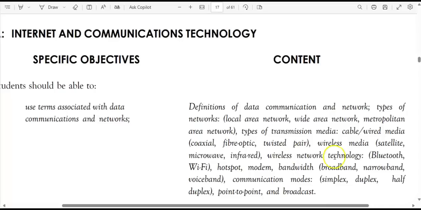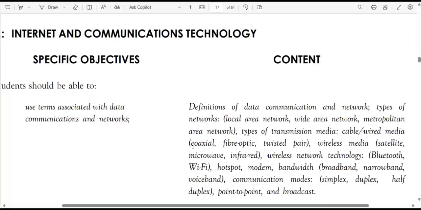We're going to look at another example of cable wired media, which is coaxial cable. Coaxial cable is a type of wired transmission medium that consists of a single copper conductor at its center. It's surrounded by an insulating layer, a metallic shield, and an outer plastic cover.